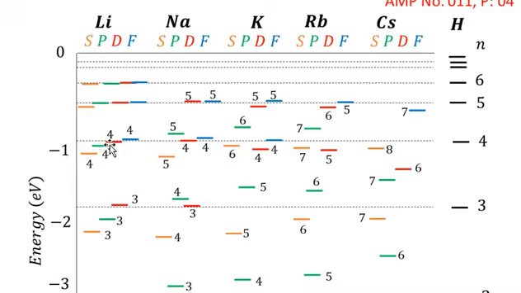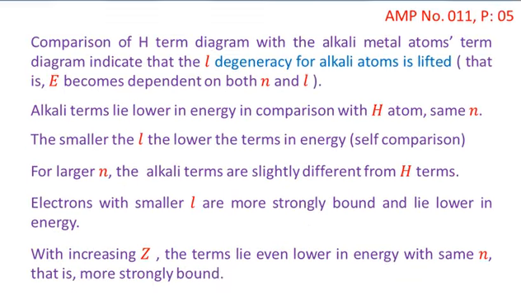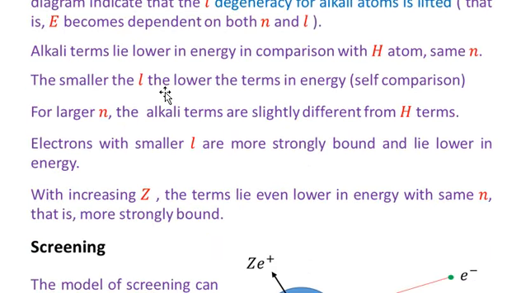The next higher is the L equals 2 state, and the next one higher is the L equals 3 state. So you can see that the energy of these states depends upon the value of the orbital quantum number L. So the lower the orbital quantum number, the lower the energy of these states. So the smaller the L, the lower the term in energy with the self comparison.